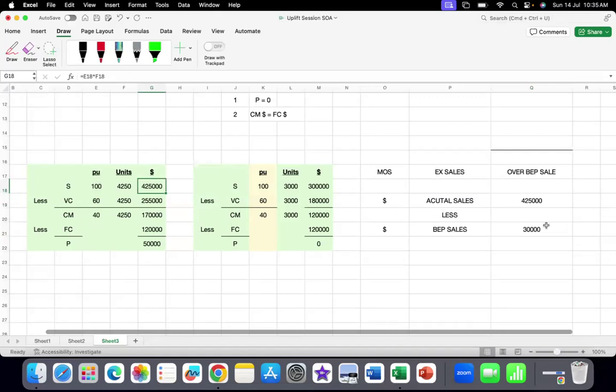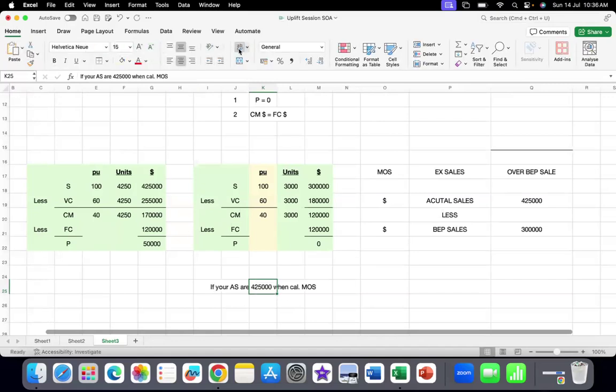The question would state that you have actual sales of 4,25,000, so what is margin of safety? If your actual sales are 4,25,000, then calculate MOS.